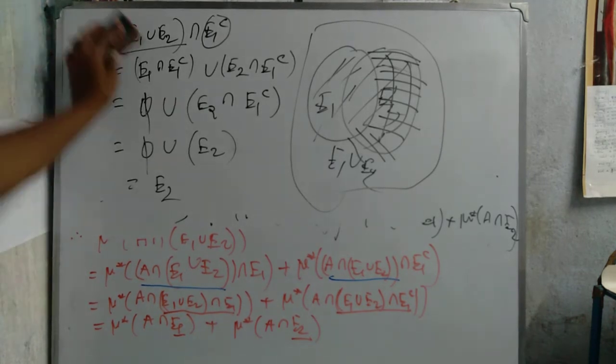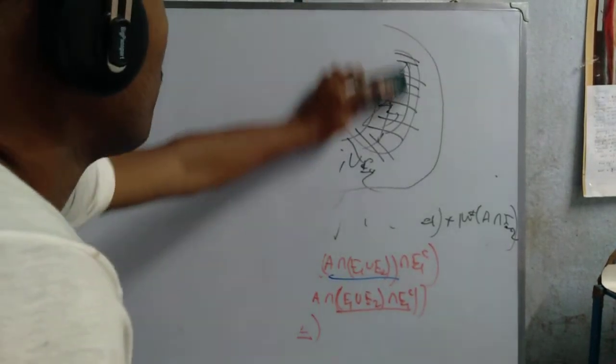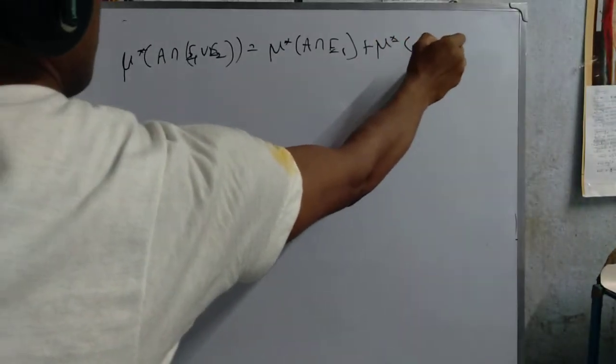What we get from this is an important property of measurable sets. If E1 and E2 are two measurable sets, then we get mu star of A intersection (E1 union E2) equal to mu star of A intersection E1 plus mu star of A intersection E2.